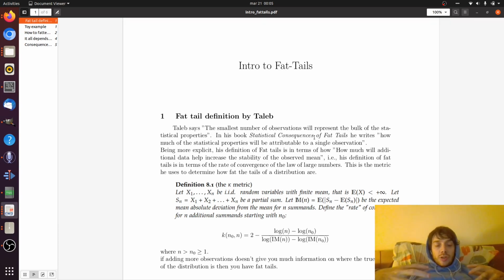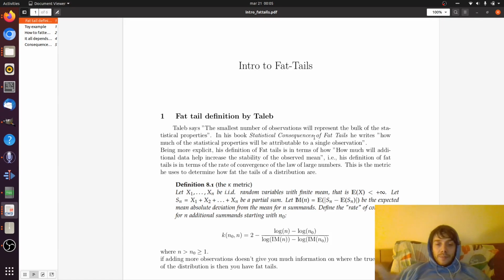Usually in the literature, as we have purposefully defined previously, fat tails are usually defined in terms of the speed at which probability density goes to zero at infinity. Otherwise, they might be defined in terms of the kurtosis, which is a measure that, given a probability density, you can compute.